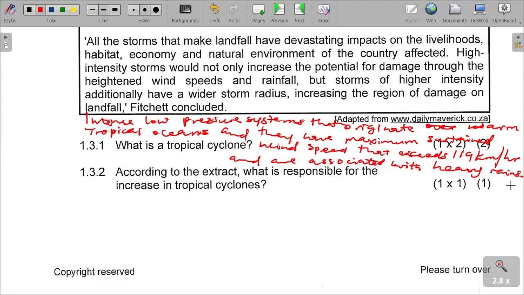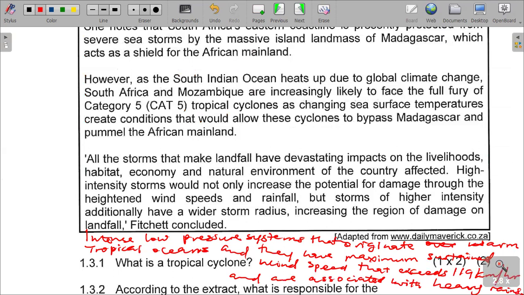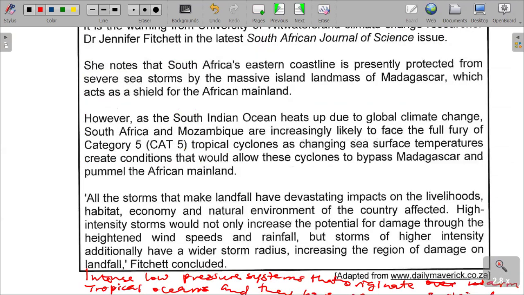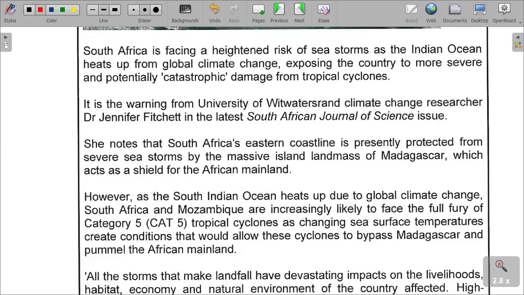Those are tropical cyclones. According to the extract, what is responsible for the increase in tropical cyclones? If you read in this regard, there is a massive problem to do with global warming.